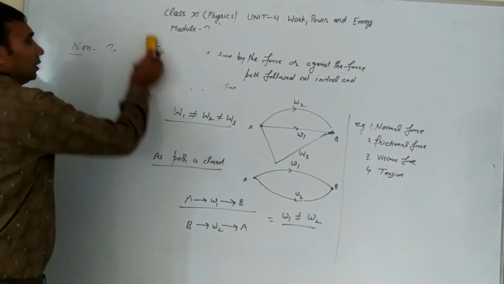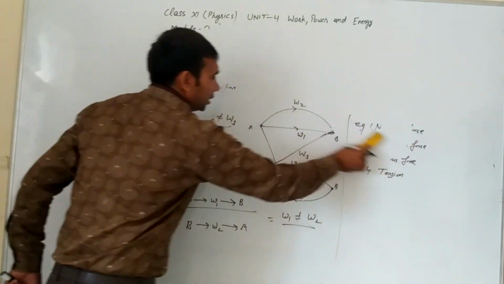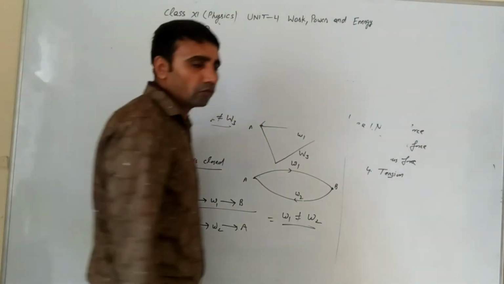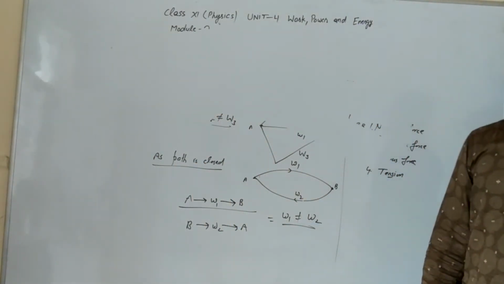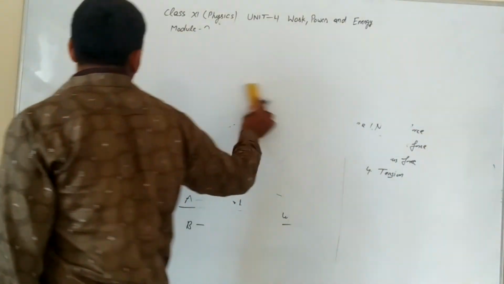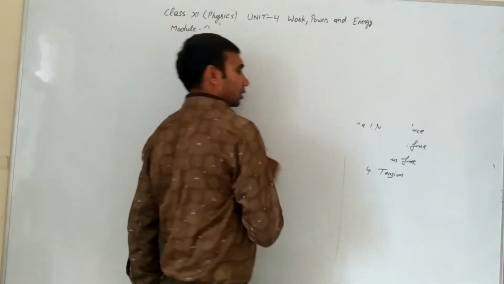Now the next topic is power. Power of a person or machine is defined as the rate of doing work.